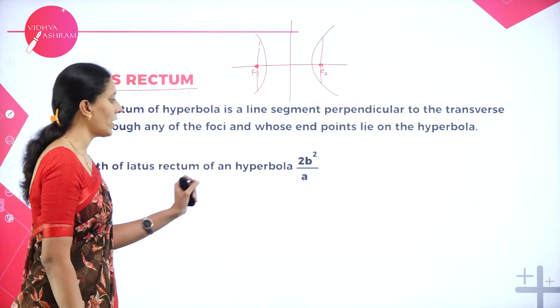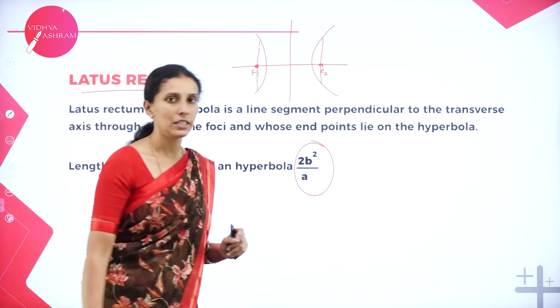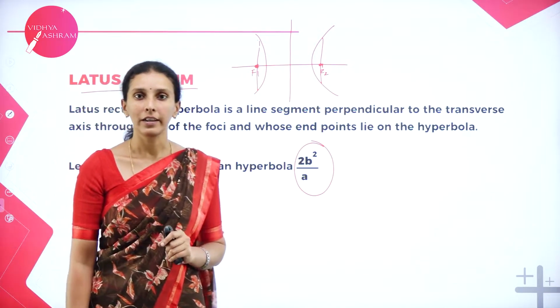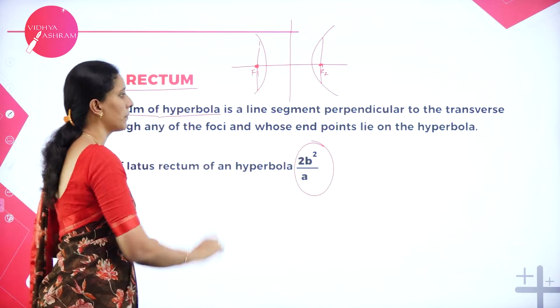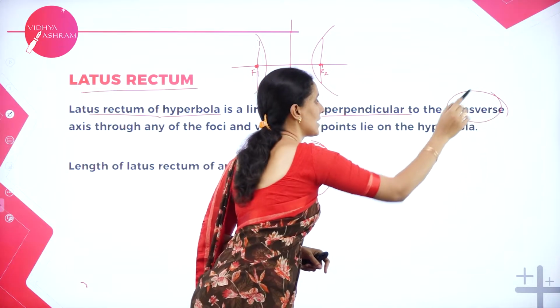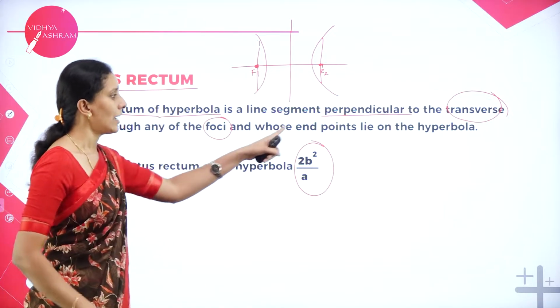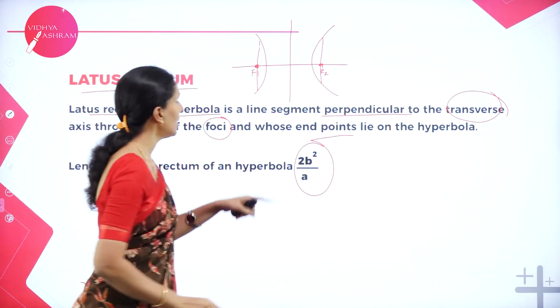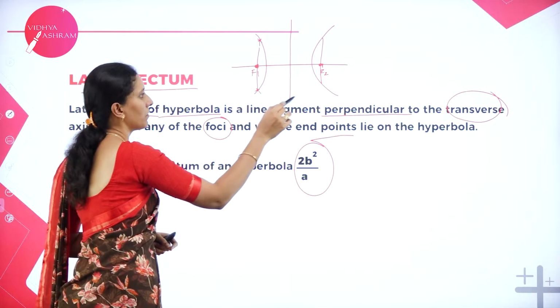So the length of a latus rectum is again same as an ellipse. It is 2b square divided by a. So thus the latus rectum of a hyperbola is a line segment perpendicular to transverse axis and it is passing through the foci and end points lie on the hyperbola. So it should have an end point at the curve.